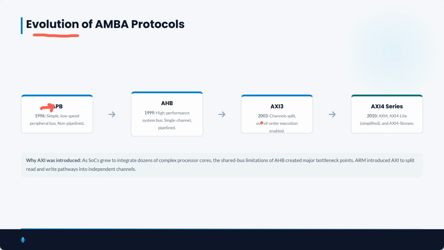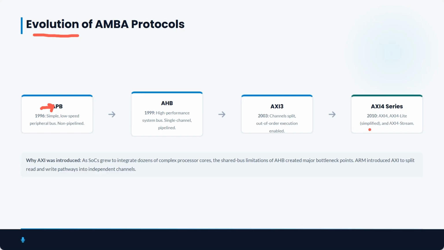So ARM completely redesigned the bus architecture with AXI3 by splitting communication into independent channels. We are going to look at how the different channels work, so don't worry about that. It also enables out of order execution. Then the AXI4 series.